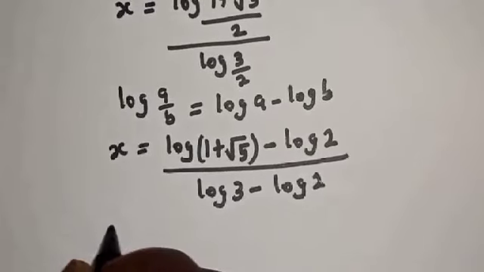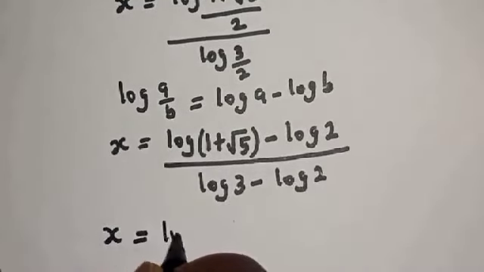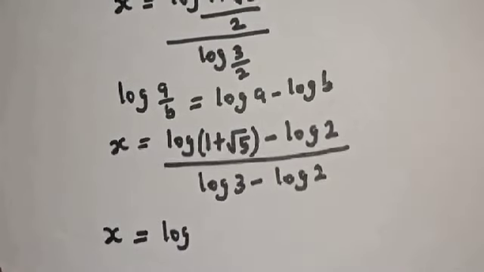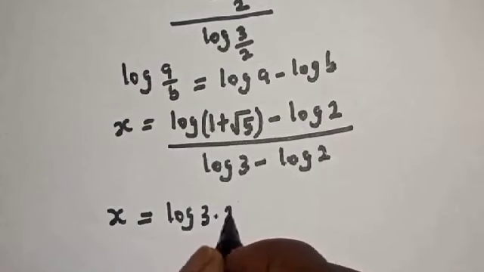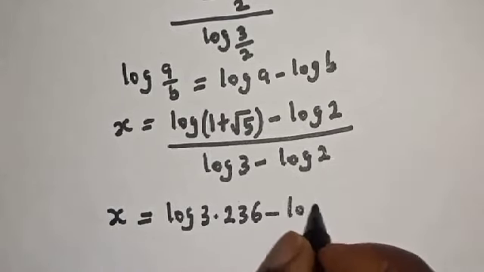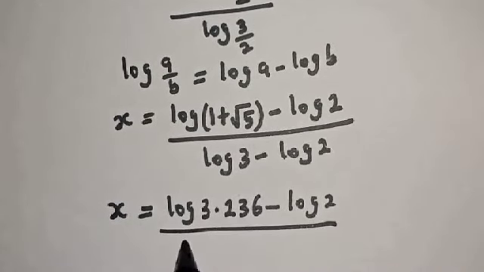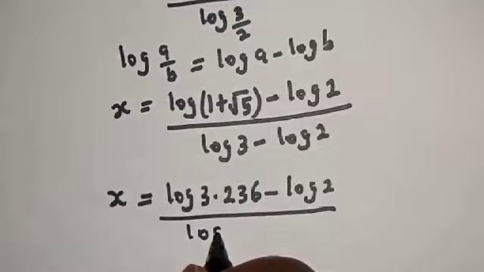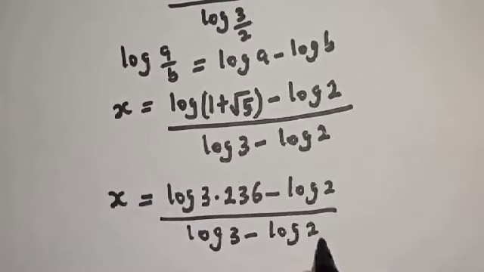Then x is equal to log 3.236 minus log 2 over log 3 minus log 2.